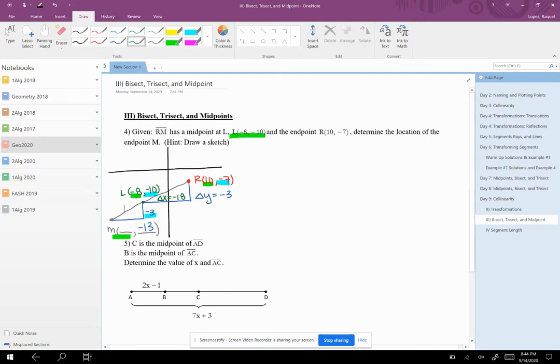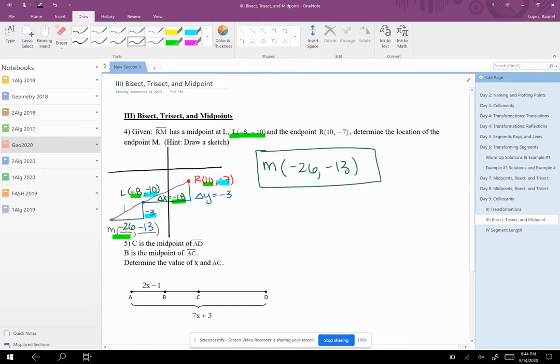So I'm going to do -8 minus 18, and that gives me an x value of -26. And there we go. That's our other endpoint. So our other endpoint is at (-26, -13).